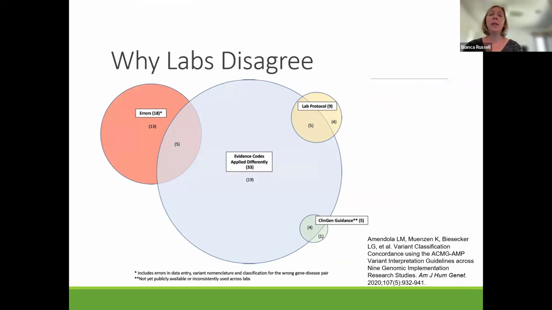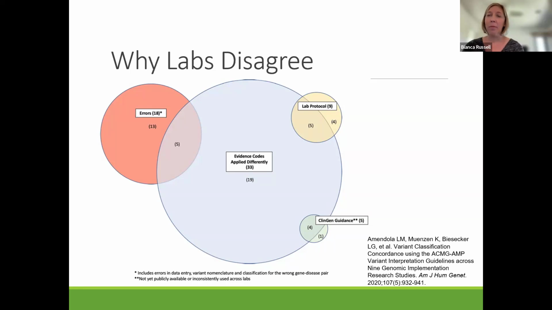There's been some work to understand why labs disagree, because it is true that if you send your DNA to 5 different labs in the US, you may get as many as 5 different results. That has to do with the fact that the interpretation, even though we all use the same system, is very human-based, and not every lab interprets things exactly the same.